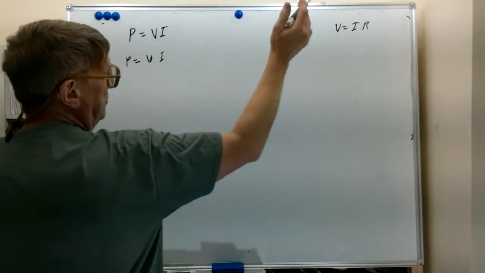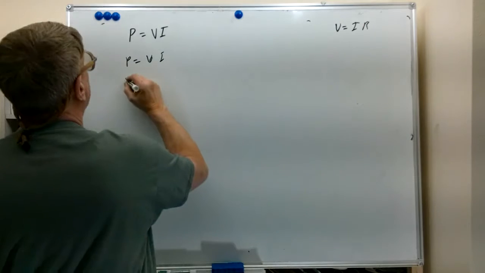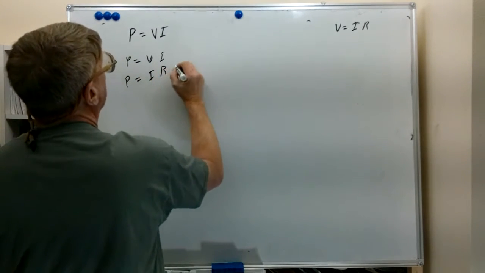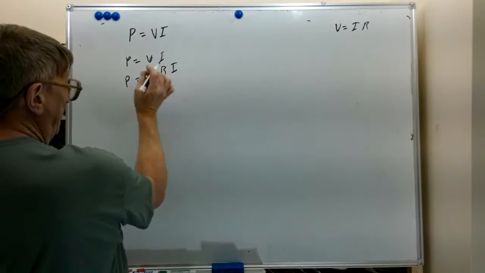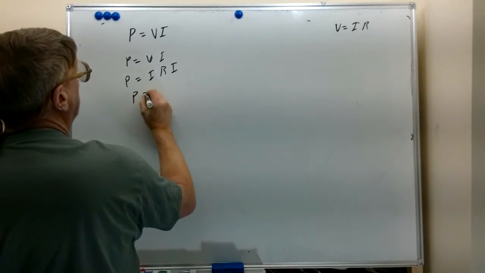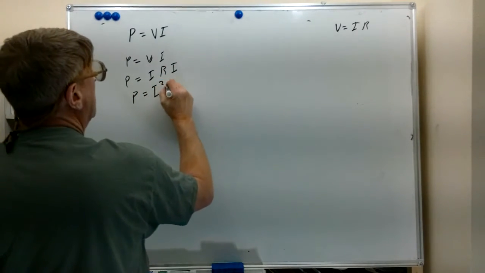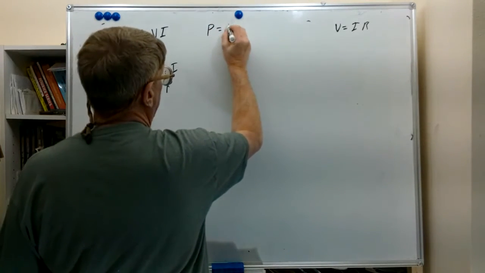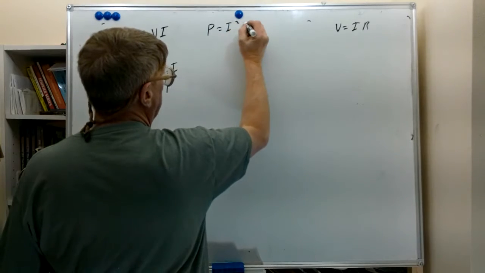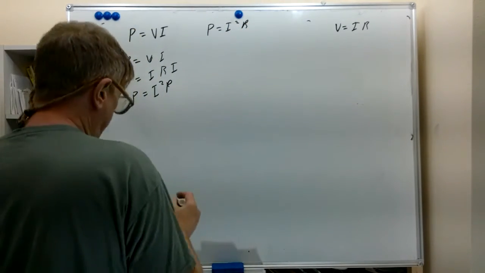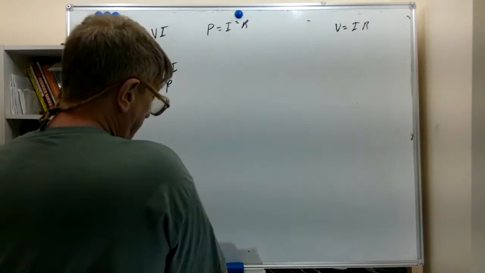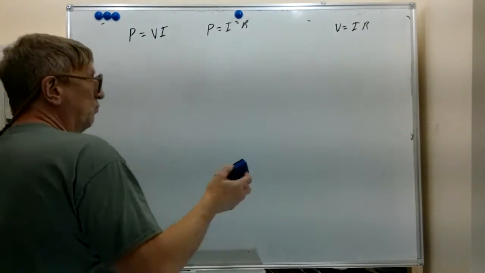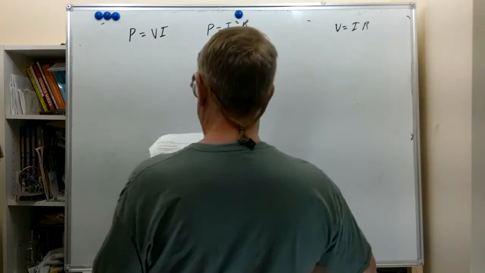We're going to substitute the IR in for voltage. Power equals IR times I. Push the I's together, put the exponent. Power equals I squared R. So to write that power formula up here, power equals I squared R. And we did this already, but we're going to work out some completeness.